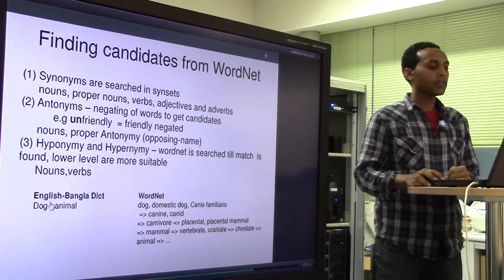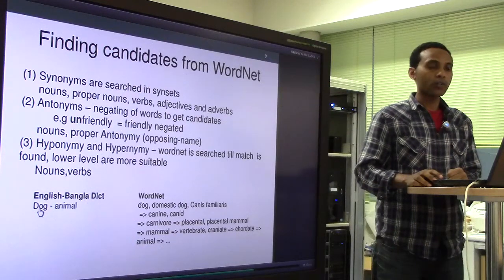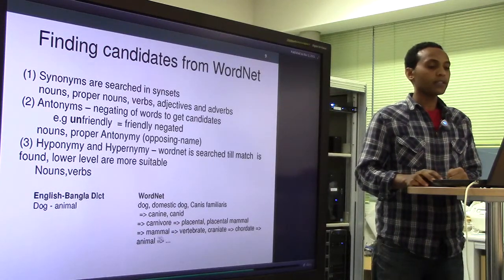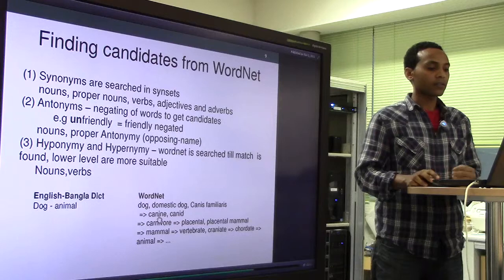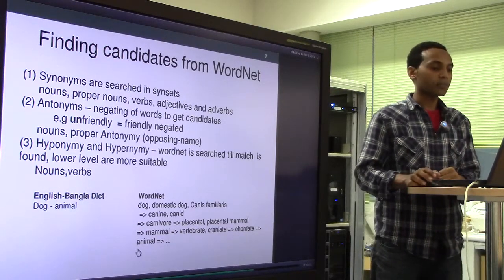So as an example, considering dog is an out of vocabulary word, the WordNet returned these categories for dog. So dog can be a domestic dog or Canis familiaris, and also if we go to the hypernymy relationships, it goes into the more general animal relationship. So these are all possible candidates for translation.